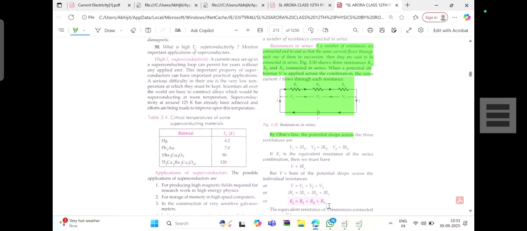That is the series combination. I am repeating again and again that the current is the same in each resistance in series. Okay, I am very clear about it.